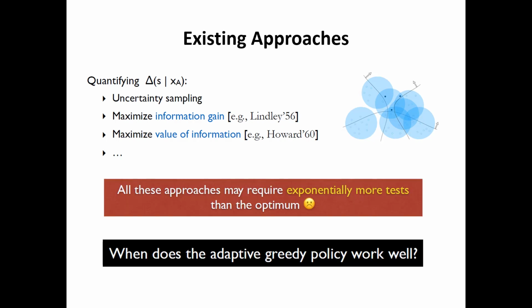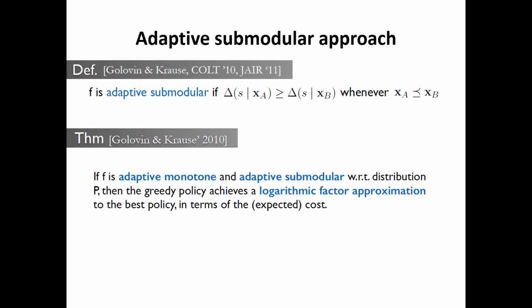Then the question is, when does the adaptive greedy policy work? When can we use it in practice? To address this, first I introduce some concepts. Let's assume that we have two subsets of tests called A and B, and we assume A is a subset of B, which means that the tests performed in A are already included in B, and the test outcomes are also consistent.